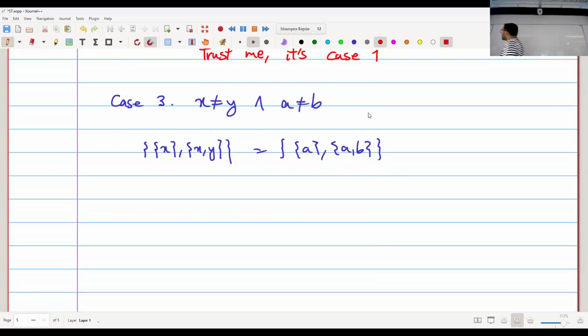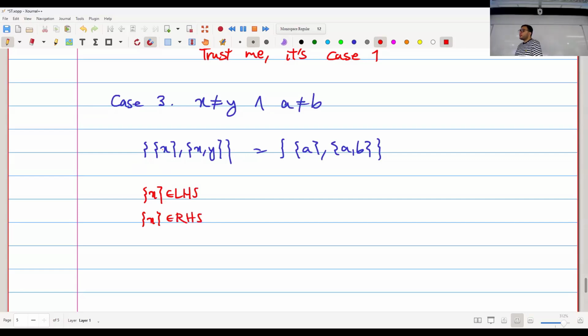So I want to prove that X is equal to A and Y is equal to B. So let's look at this left-hand side. I have this set containing X here. So it's an element of the left-hand side. The set containing X is in the left-hand side. Therefore, this set should also be in the right-hand side.